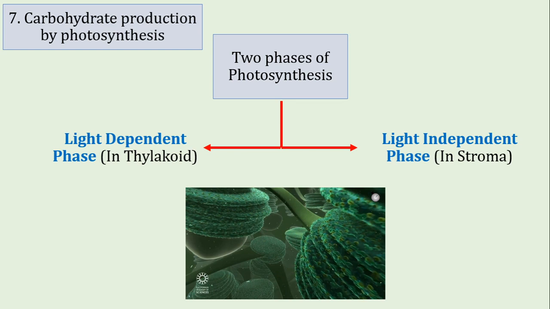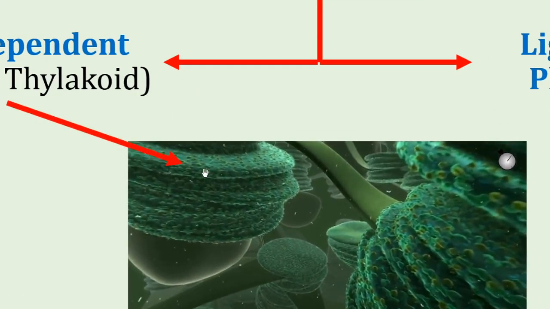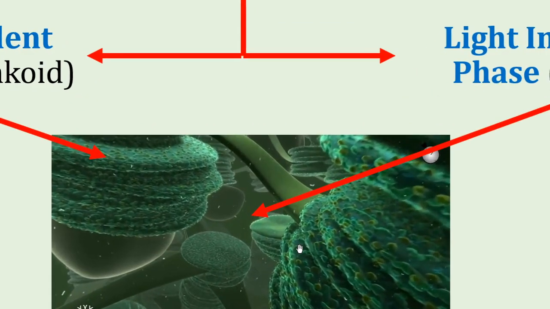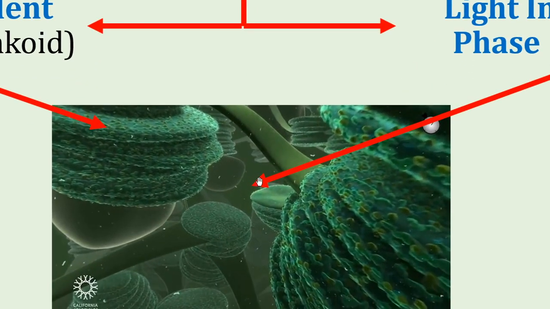That is why the later chemical reactions are included in a phase called the light independent phase, which takes place in the liquid matrix of the chloroplast called stroma. That means the light dependent phase takes place in the thylakoid membrane we see here, and the light independent phase reactions take place in the stroma, the liquid matrix part of the chloroplast.